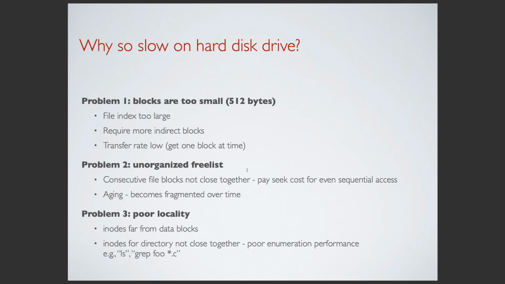The second problem is the way we manage the free list. I told you that with the original file system and FAT for DOS, it was done with a big linked list. Again, the problem with that, as we have seen with FAT specifically, is fragmentation.